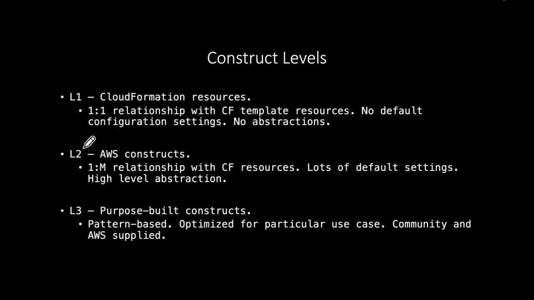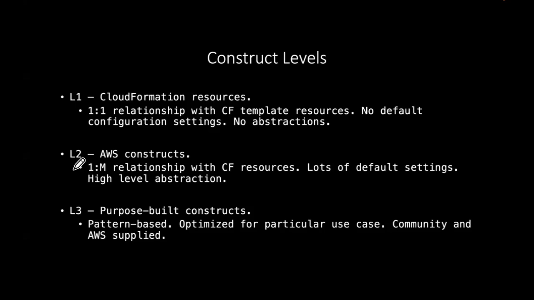In the case of an L2 construct, when you create an instance of an L2 construct in your code, there tends to be a one-to-many relationship between it and the amount of infrastructure it creates. So clearly these L2 constructs, from a programmer productivity point of view, mean you have to write less code in order to create a number of resources on the cloud.